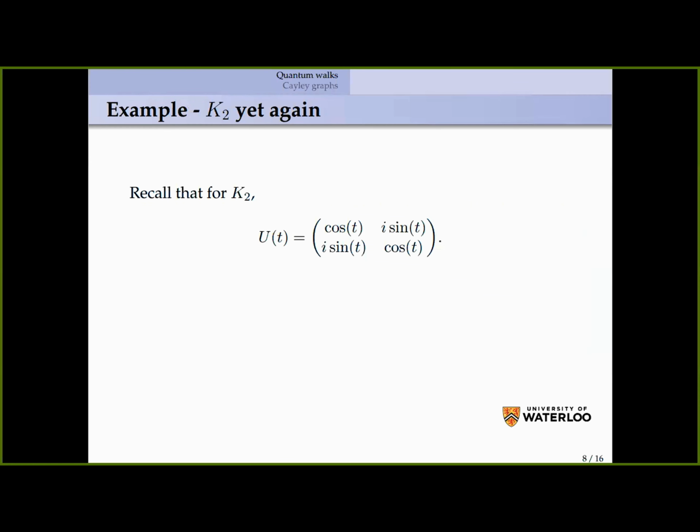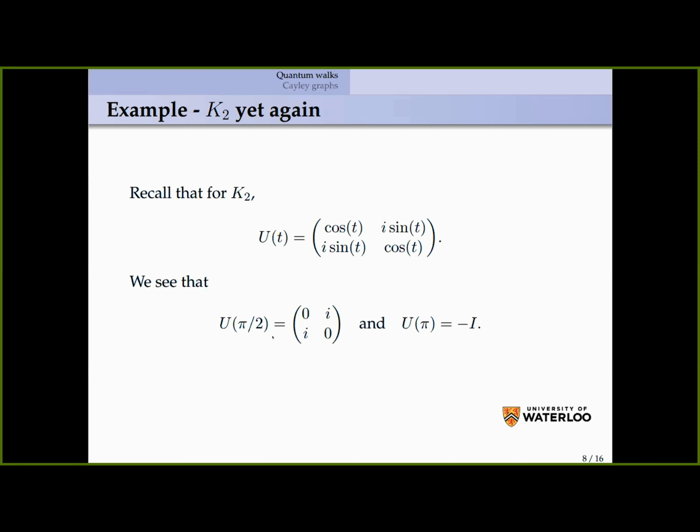So once more, we're going to look at our K2 example. We already calculated this transition matrix. Now if we pick some specific values of t, we see that when t is pi on 2, we get this matrix here, 0 i, i 0, where the columns are standard basis vectors times i.